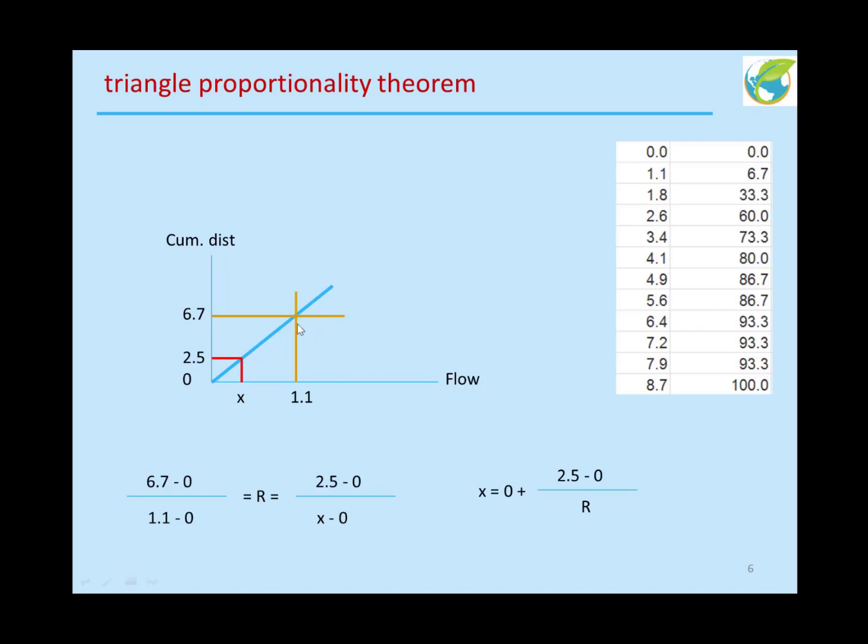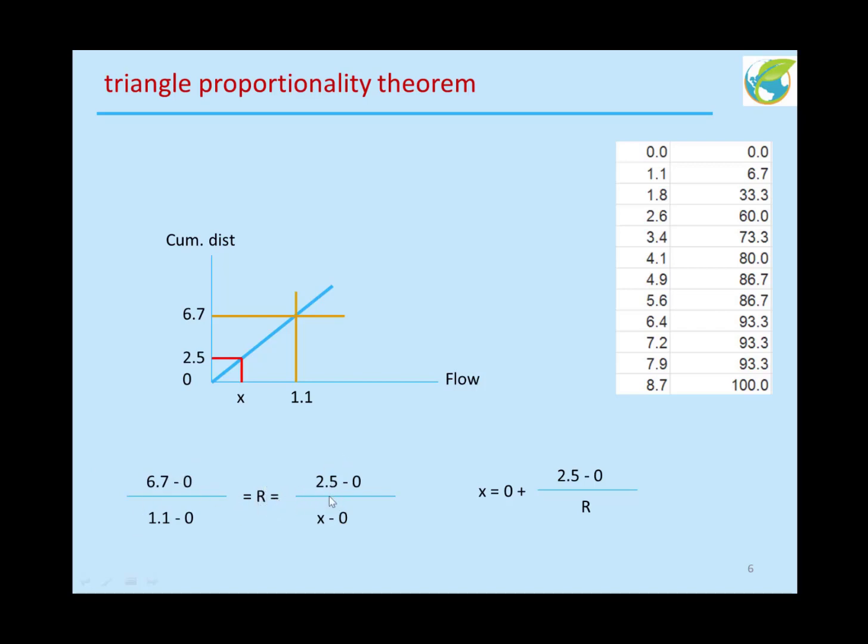So using the proportionality law, I know that rise divided by run, which is the slope of my cumulative curve, is here 6.7 minus 0 divided by 1.1 minus 0. So that's that distance and that's that distance. That should equal, I call that the ratio or the slope.